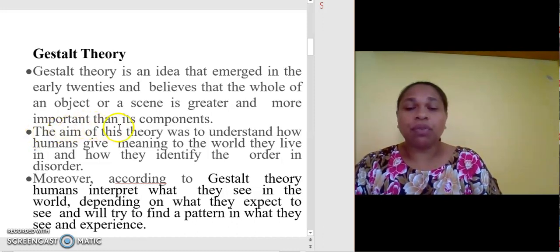The aim of the theory was to understand how humans give meaning to the world they live in and how they identify order and disorder. Moreover, according to Gestalt theory, humans interpret what they see in the world depending on what they expect to see, and we try to find a pattern in what we see and experience. In other words, people will try to find ways of making meaning of what they see around them.